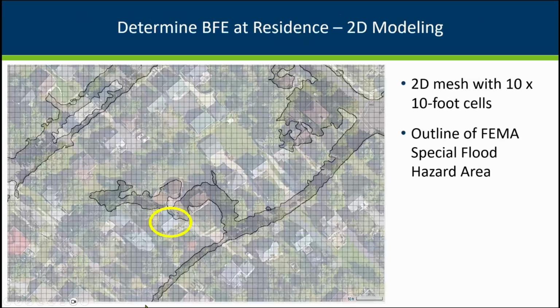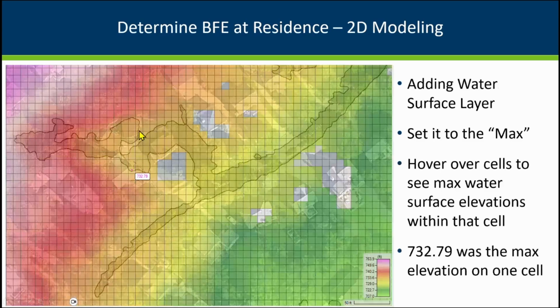And so then Madison helped me with looking at what that 2D modeling is showing. So again, we've got the mesh, and here we've got the darker outline of what is shown as the FEMA floodplain. And so we're looking at that area, and then again, bringing on that layer so we can click around and see what the base flood elevations are in each of the mesh cells. And so there's 2 cells that hit this building or that overlap with that building.